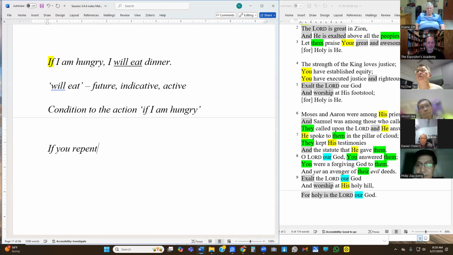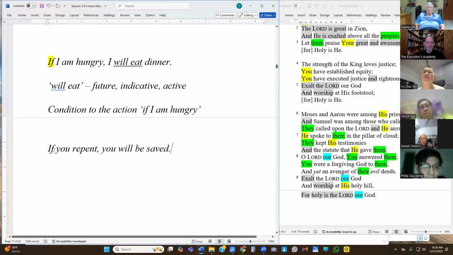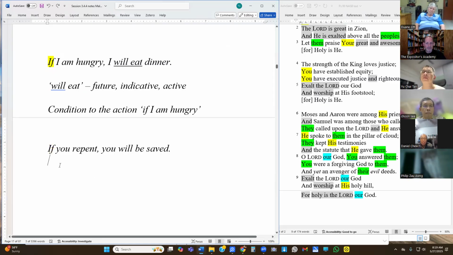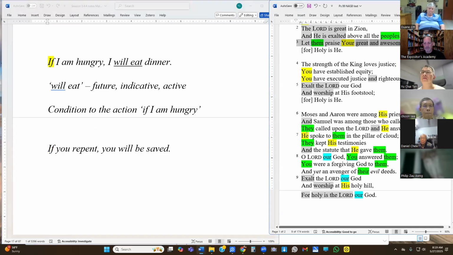If you repent, you will be saved. This condition is a significant one, isn't it? What if I just said you will be saved? Well, there's a condition to that. If you repent, you will be saved.